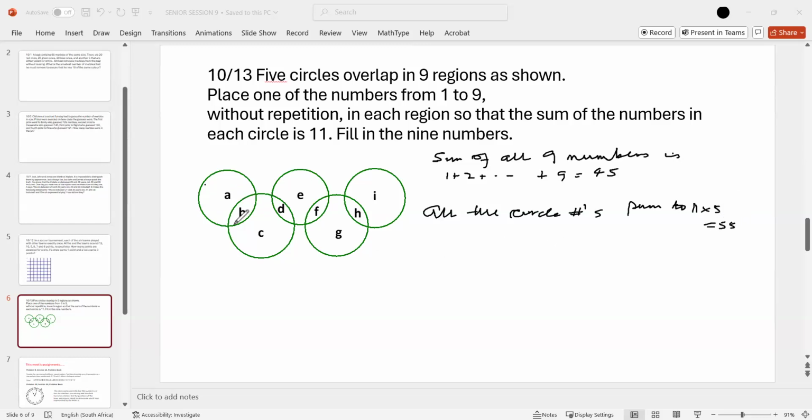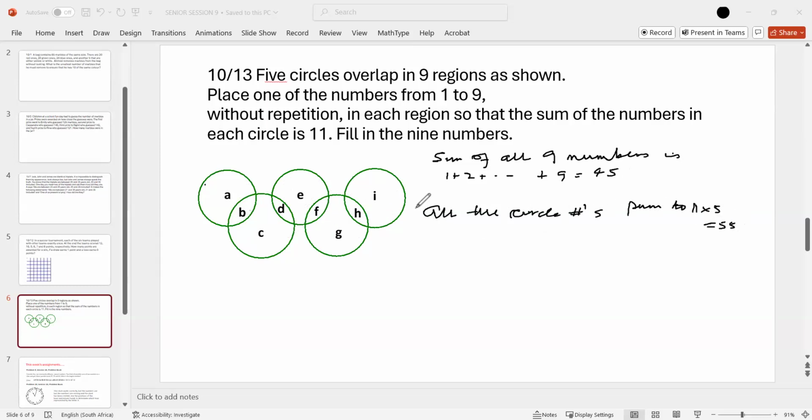In other words, if I add those three, those three, those three, those three, because it's 11, 11, 11, 11, 11, it's 55. So why do you have more than 45? Right? So they all add to 55.